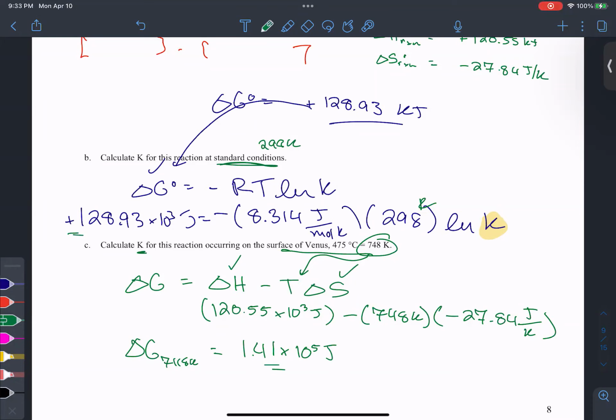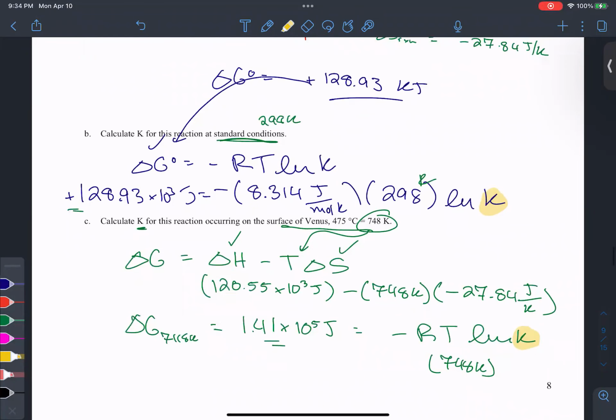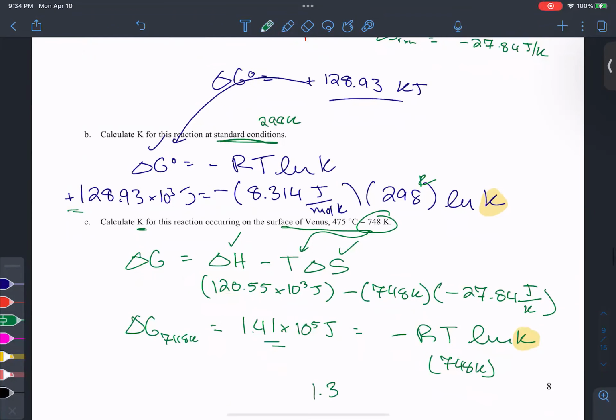The strategy here is you need to get delta G at a different temperature using delta G equals delta H minus T delta S. Then with that new delta G value, we can set that equal to negative RT ln K, where T is now equal to 748 Kelvin, and we're solving for K. We'll get a different answer. K is a new value, 1.34 times 10 to the negative 10, or you have that on the key. All right, so that's the strategy for that question.